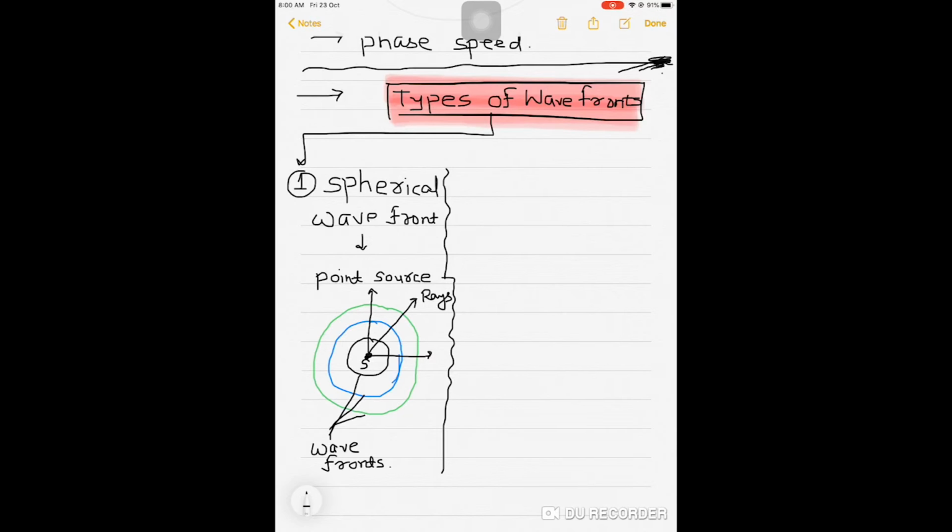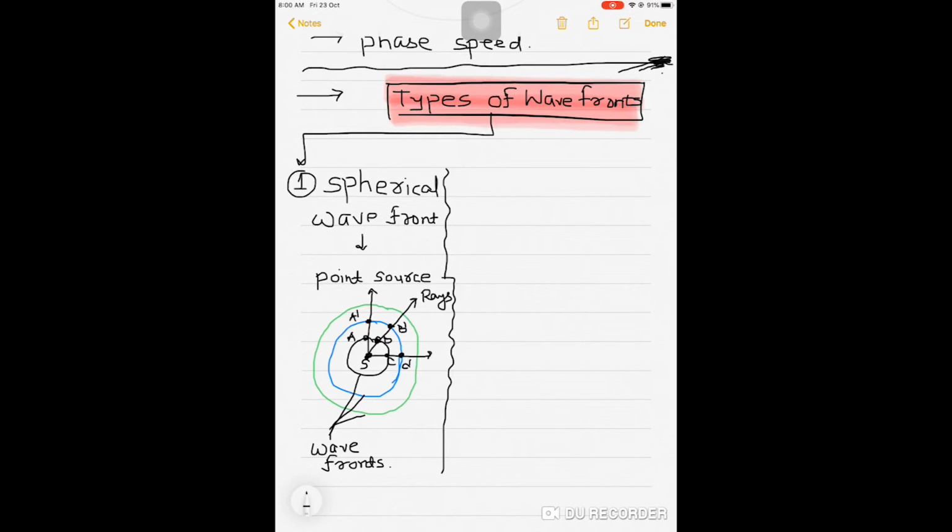Here if I show points A, B and C, suppose this is A, this is B, this is C. Now here I consider this to be A dash, this to be B dash, this to be C dash.